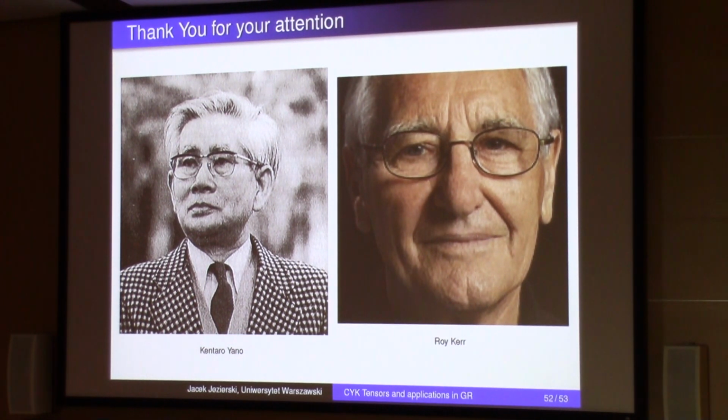And then this contraction gives you a complex scalar function, and this is exactly the function which describes all degrees of freedom of gravitational waves in Minkowski spacetime, and you can show that all other components of the Weyl tensor are expressed in terms of this field.